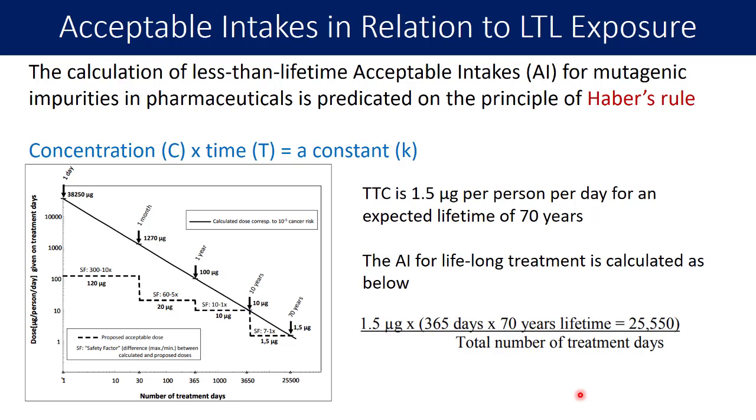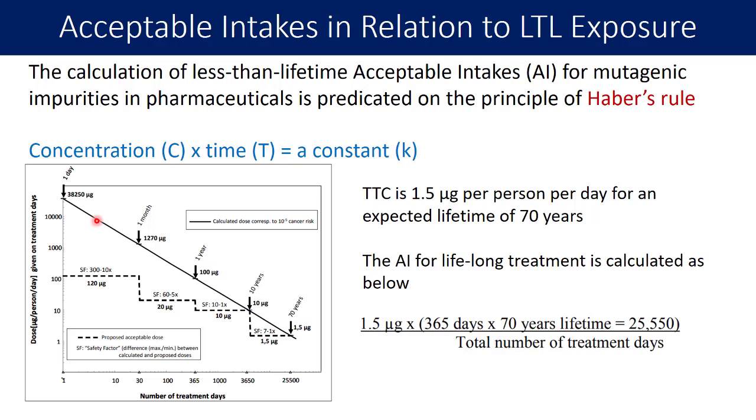To have the similar life expectancy that is possible by consuming 1.5 micrograms per day of the mutagenic substance over 70 years, the similar life expectancy is possible if 38,250 micrograms of the mutagenic substance is consumed only once.